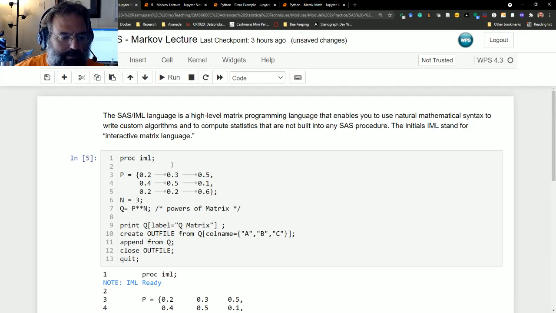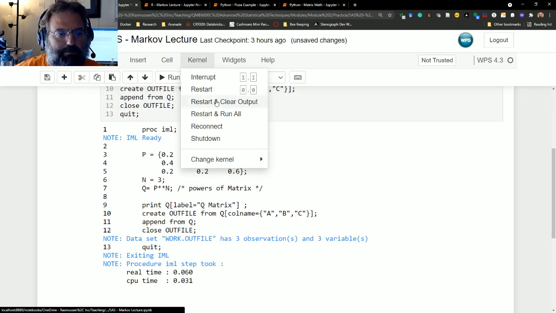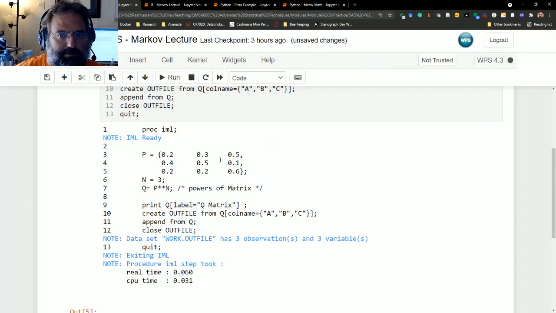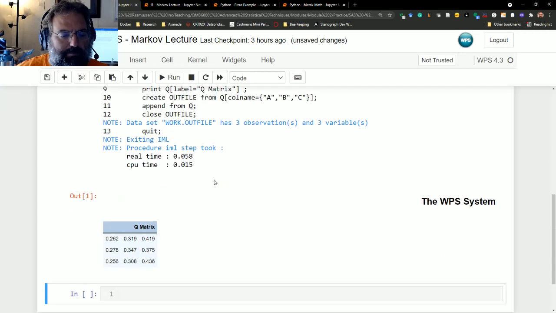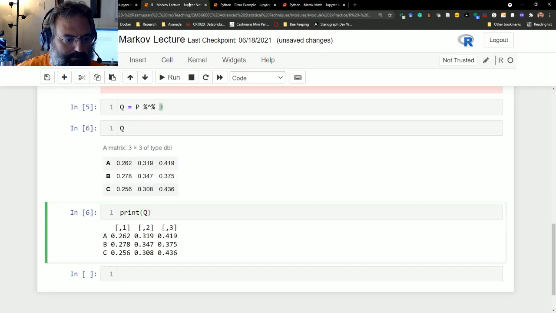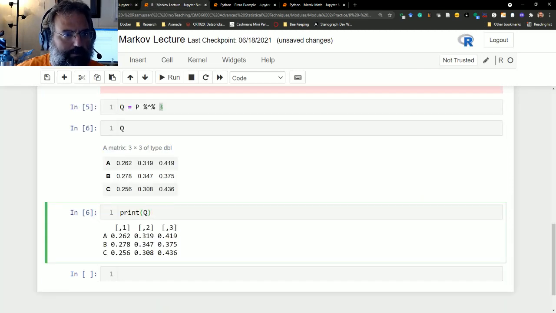I'll go ahead and rerun it, so you can see nothing up my sleeve. So there we go. Pretty cool, and then it produces the output down here as well. With any luck, they're all the same numbers, right? So 0.26, 319, and 4119, and 436. So yeah, same result.